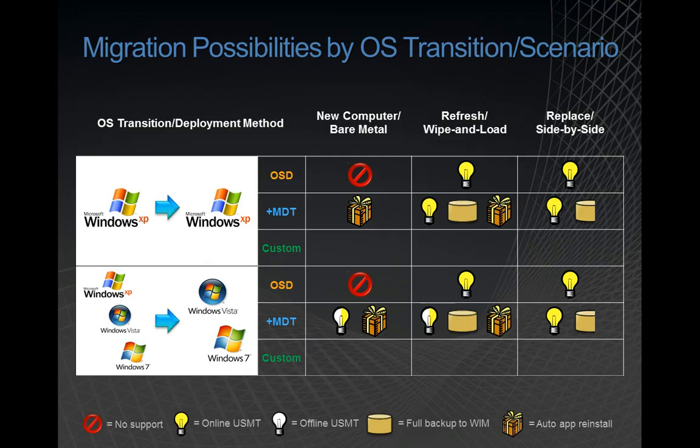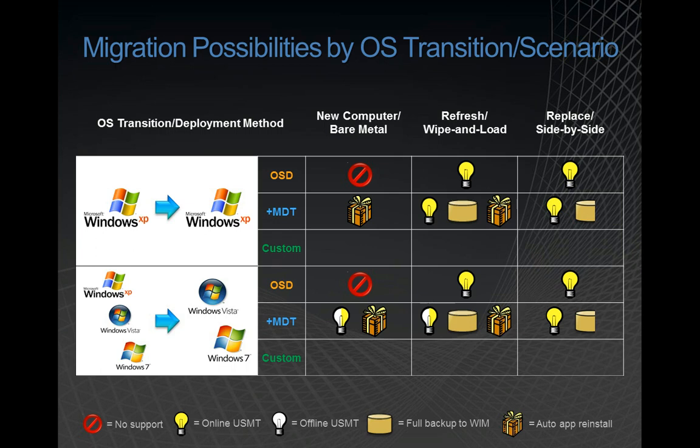This ultimately means that the decision to use either deployment type, new computer or refresh, becomes a purely operational and user experience one based on how the advertisement for the task sequence is initiated, and no longer bound to whether or not the user state can be captured because of a technical limitation of USMT.